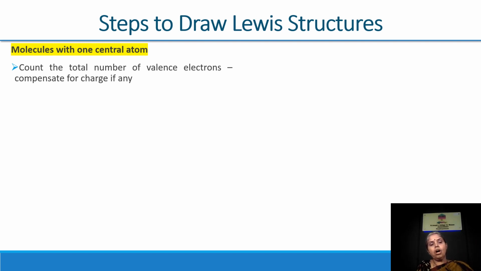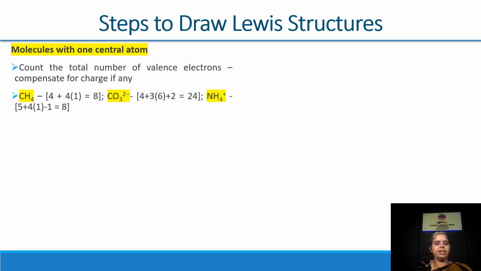After adding, compensate for the charge. For example, you are counting for NH4 plus, after getting the total you have to subtract 1. You are counting for CO3 2 minus, after getting the total you have to add 2 more. So count the total number of valence electrons, compensate for the charge.